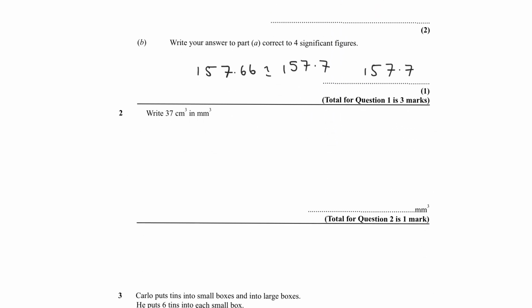Then having a look at question 2, it says write 37 centimeters cubed in millimeters cubed. First off, we know that 1 centimeter is equivalent to 10 millimeters. So if you cube 10, you would get 1,000 millimeters cubed.